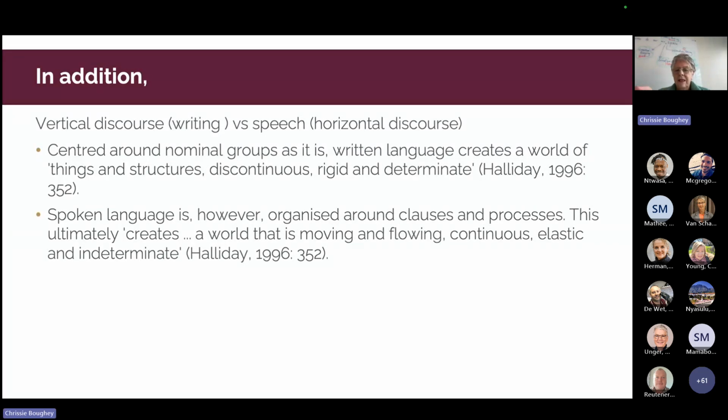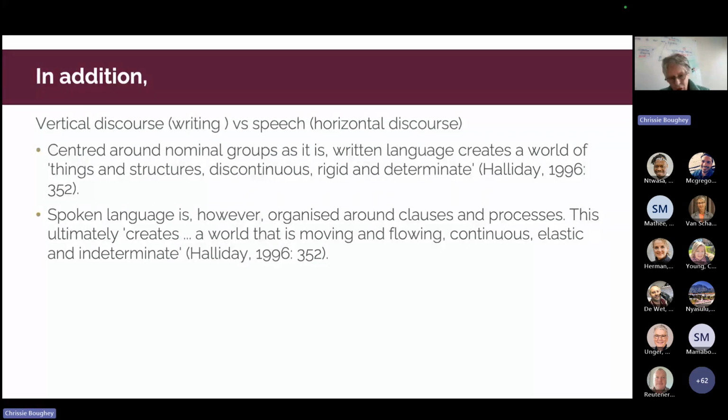Now, writing and speech have different linguistic forms. And I'm quoting a linguist here called Halliday. So Halliday says that vertical discourse, written language, centers around nominal groups and creates a world of things, structures, discontinuous, rigid, and determinate.